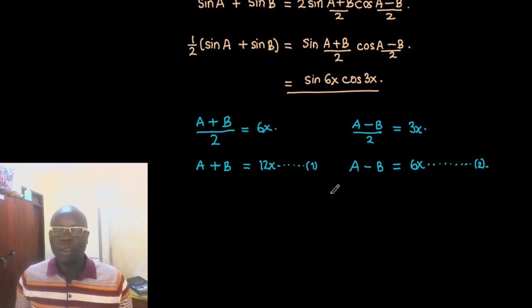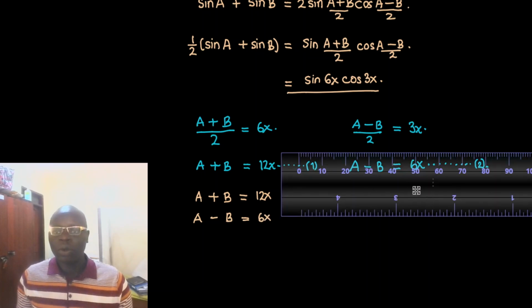Now let's solve these equations simultaneously, and we can recopy them down here, collecting them together. A plus B equals 12x. Then we have A minus B equals 6x.